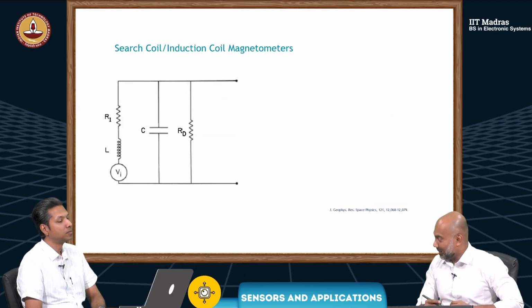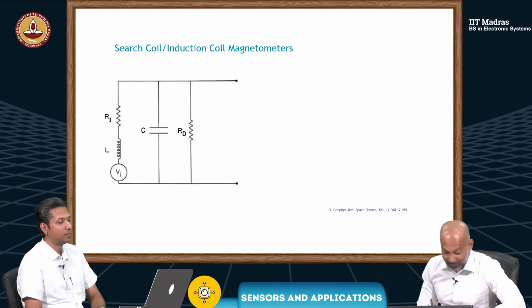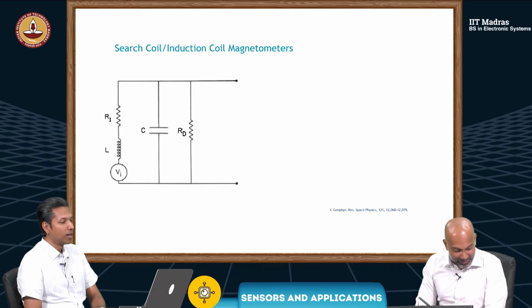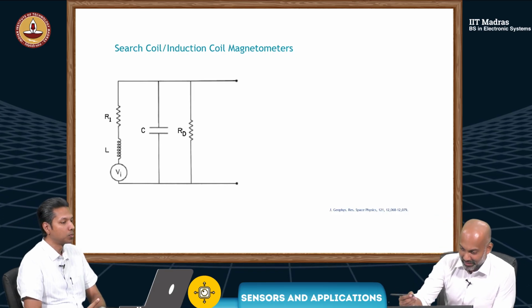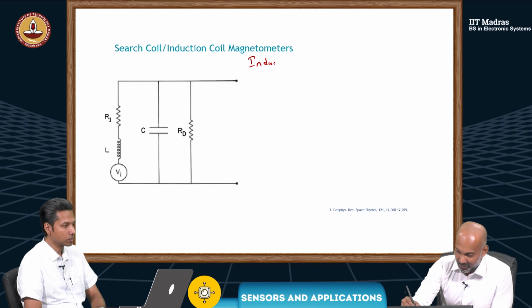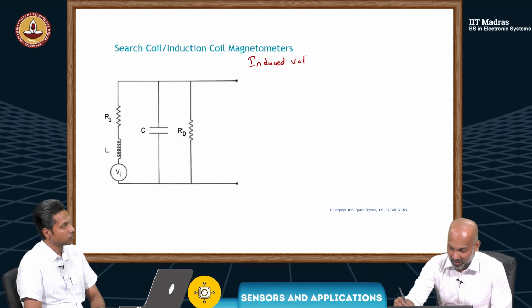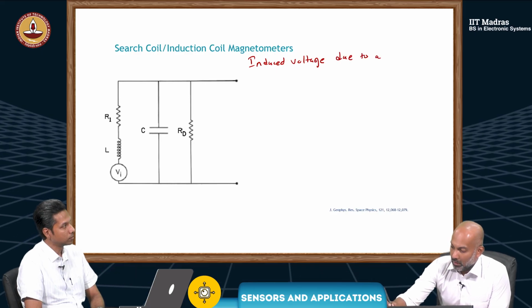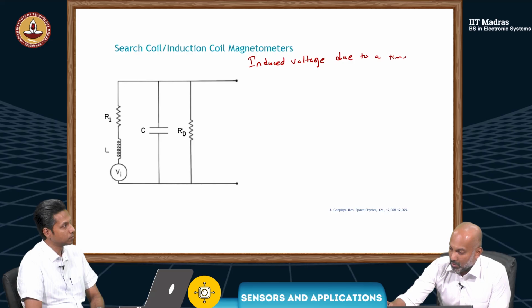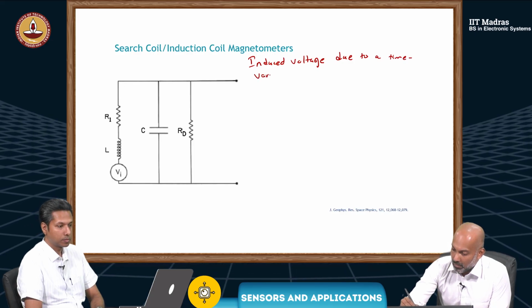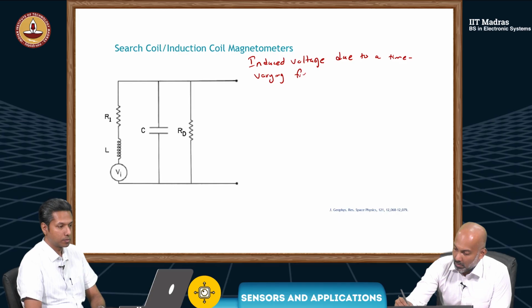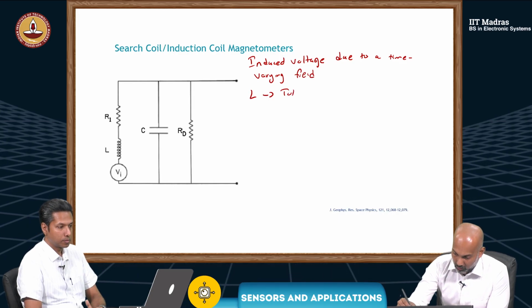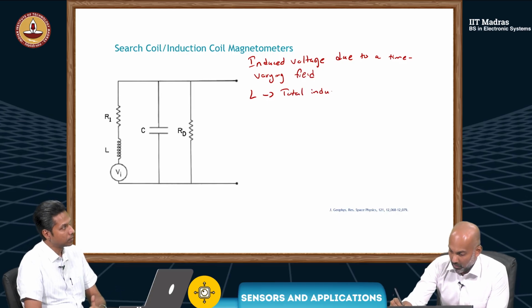Okay, but in reality, we cannot ignore these. These guys are there. So now, if you consider an induced voltage, as you said, L is the total inductance of the coil.